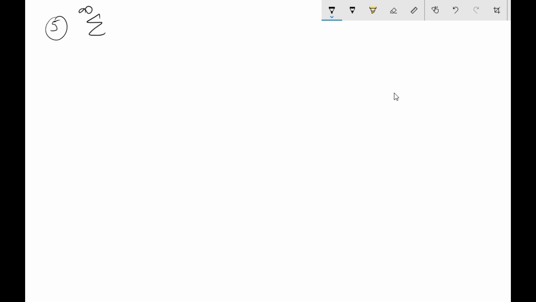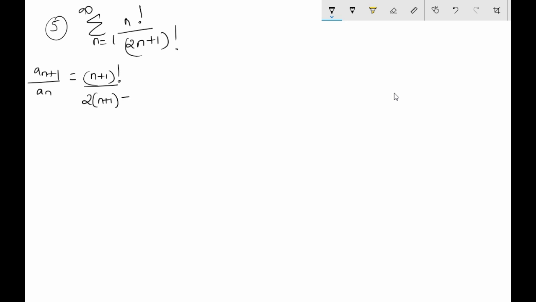Summation of n factorial by (2n+1) factorial. So by ratio test, a(n+1)/a(n) will be (n+1) factorial by (2n+3) factorial, into (2n+1) factorial by n factorial.